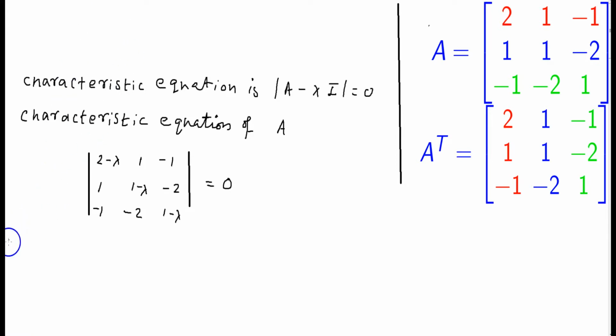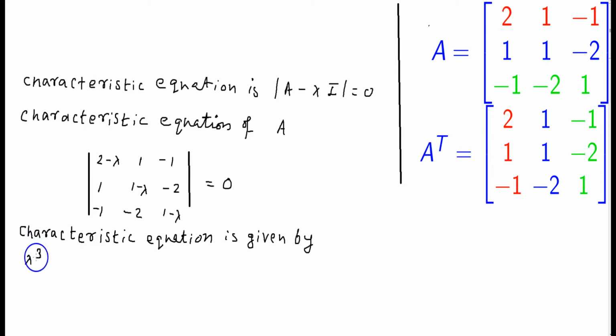Normal method to obtain the characteristic equation is to take the determinant of A minus lambda I. But here we are using another method which saves a lot of time. General form of characteristic equation can be written as lambda cube minus d1 lambda square plus d2 lambda minus d3 equal to 0.